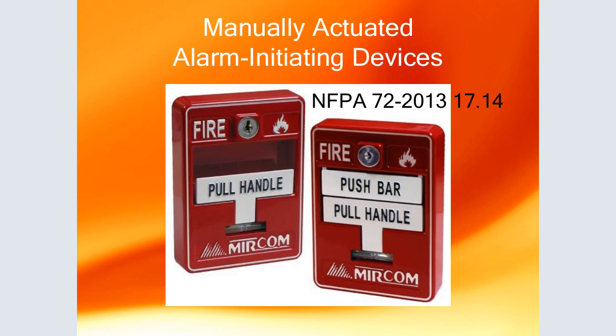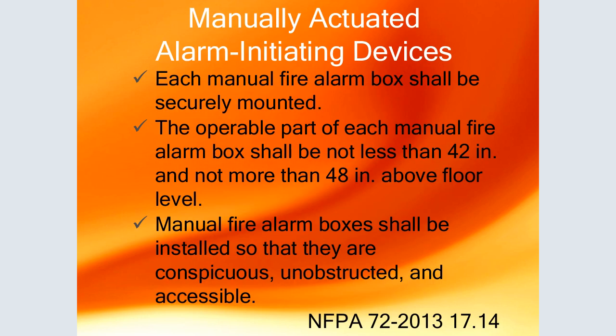We have the manually actuated alarm initiating devices. These are the ones that trigger after the smoke detector has sensed smoke. It brings information to these devices, and they initiate so that the sounders sound an alarm.